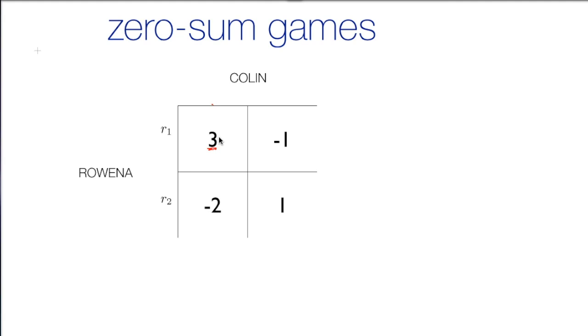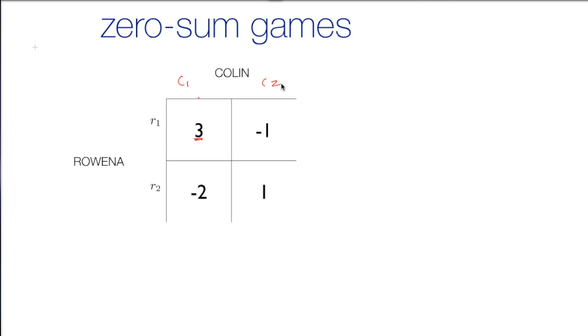So if both Rowena and Colin are rational players, what should they do? How should they play? We're going to be able to use LP in order to formulate this problem. There is going to be some optimal strategy for Rowena and Colin, and that strategy is going to lead to a value of this game.